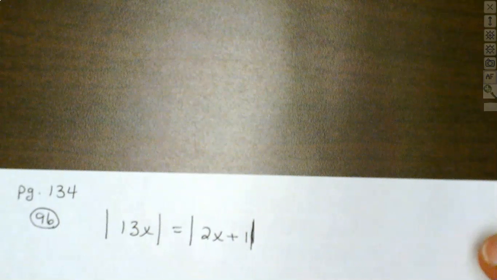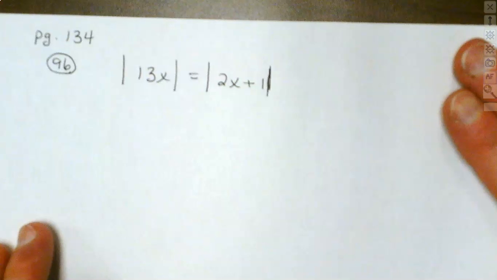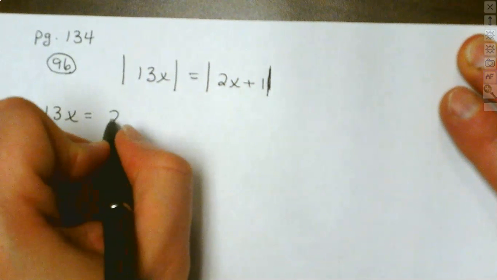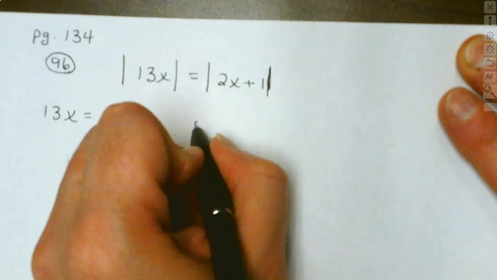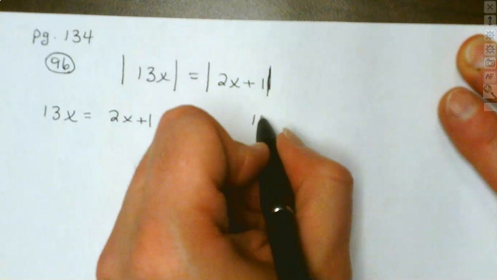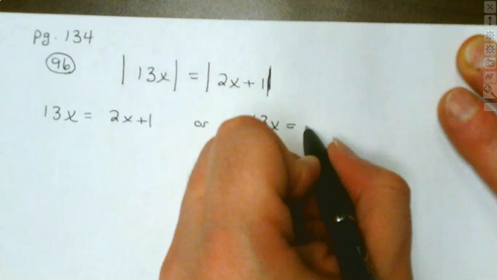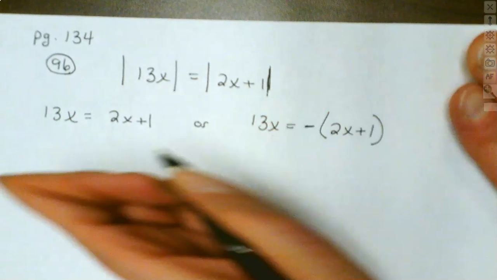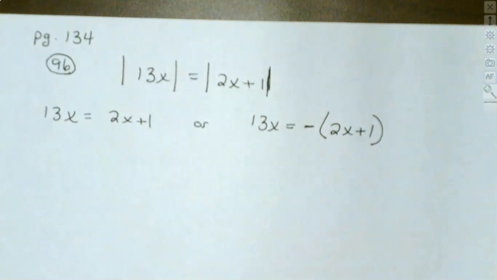And what are my two equations going to look like? Well, they're going to be 13x equals 2x plus 1, or 13x equals a negative parentheses 2x plus 1. So there's that one there.